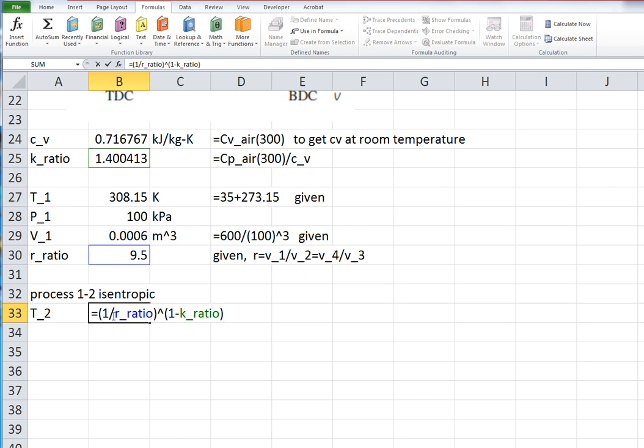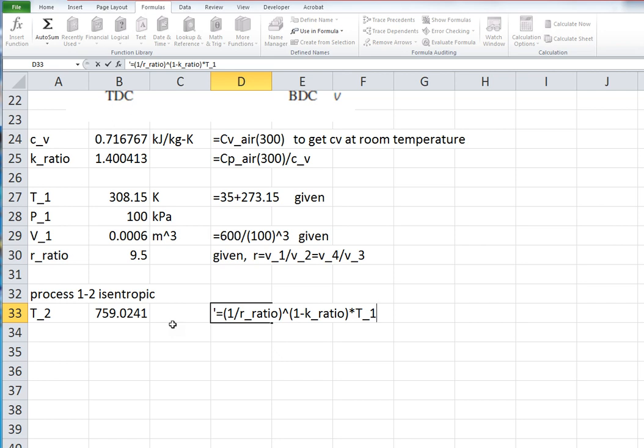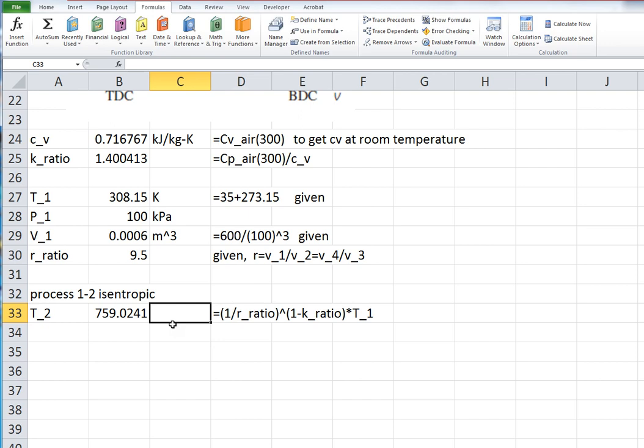That formula there gives me T2 over T1. I need to multiply times T1 to get T2. So I expect T2 to be more than T1 because of the compression, and so it means I've gone in the right direction when I get a number that's bigger here. So that's good for T2.